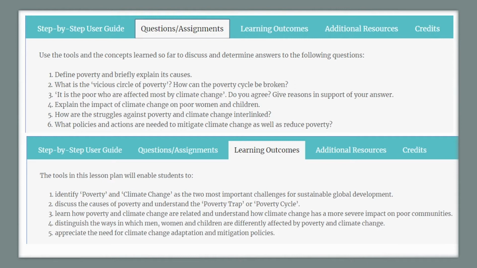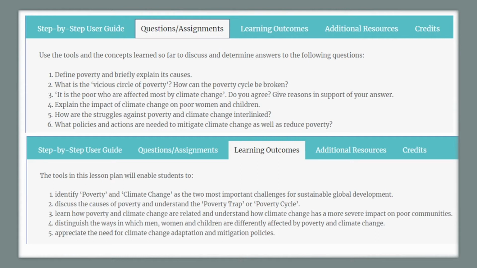The learning outcomes. Using this lesson plan, your students will be able to identify poverty and climate change as two of the most important challenges for sustainable global development. They will be able to understand the causes of poverty and understand terms such as poverty trap or poverty cycle.